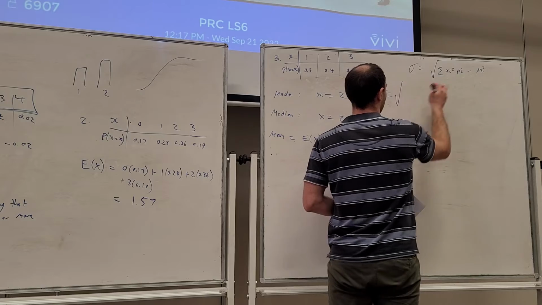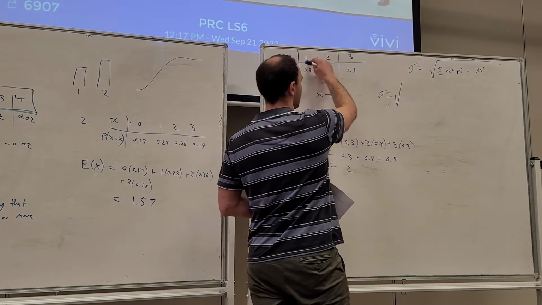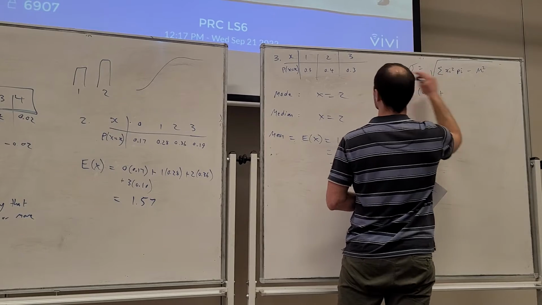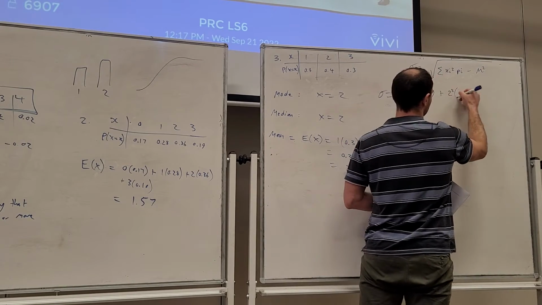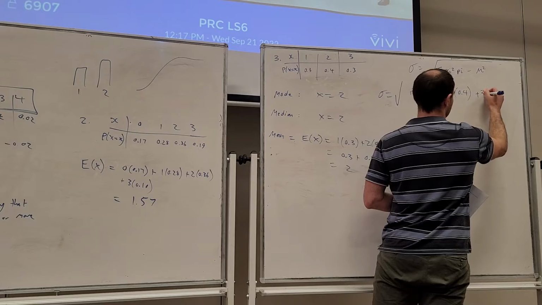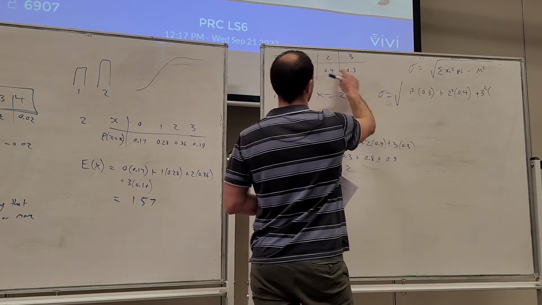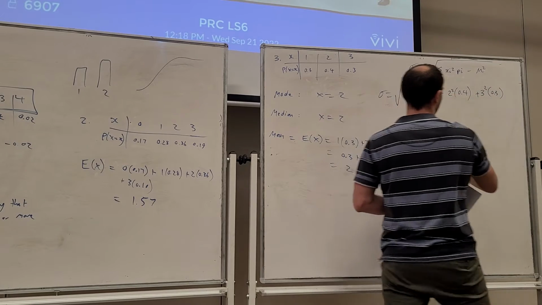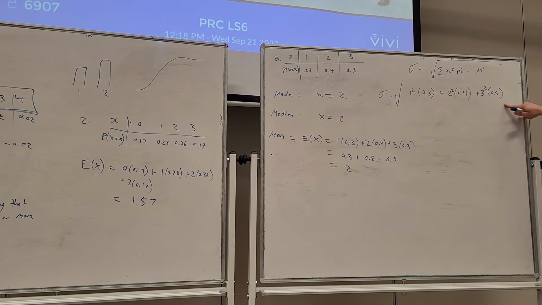So it's the square root of equal value squared. So 1 squared times the probability plus 2 squared times the probability plus 3 squared times the probability. Alright, so the sum of those, and then take away the mean squared at the end.